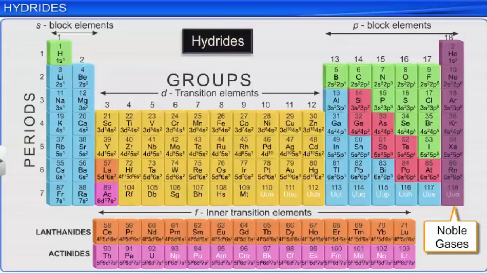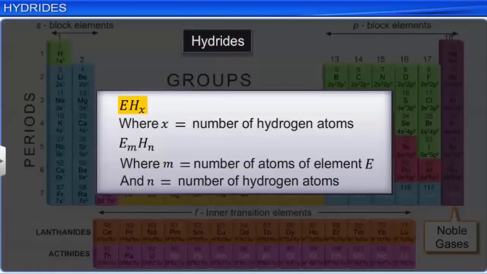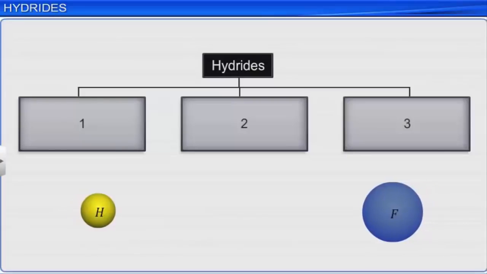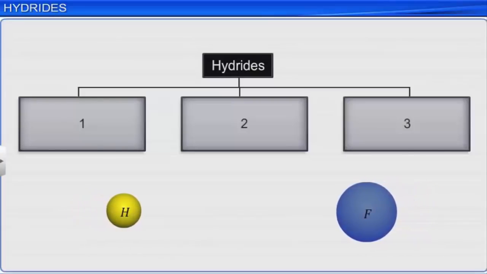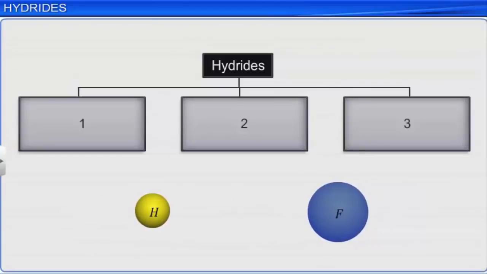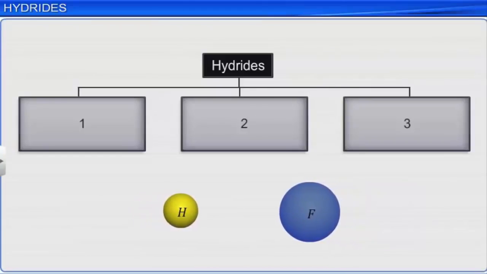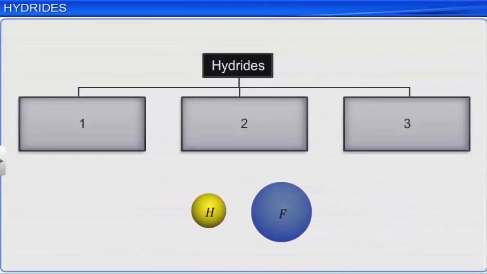These can be represented as EHx or EmHn, where E is the symbol for an element. For example, MgH2 or B2H6. There are 3 types of hydrides depending on the behavior and the nature of the bond formed between the hydrogen atom and the element forming the compound.